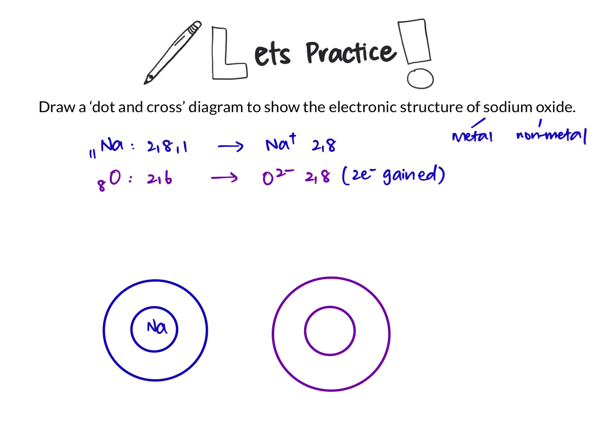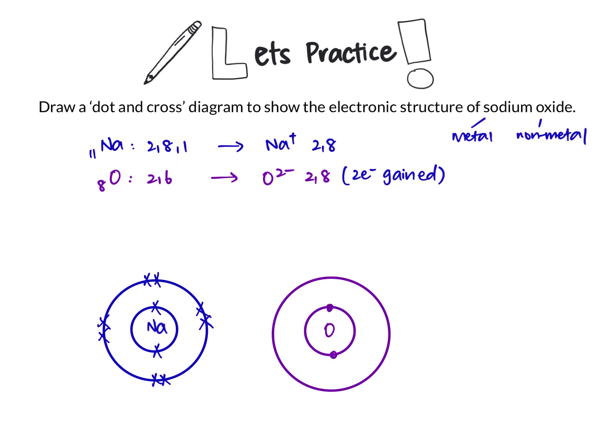First shell of sodium, there are 2 electrons. Second shell of sodium, there are 8 electrons.